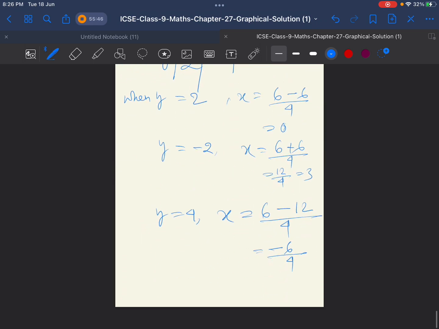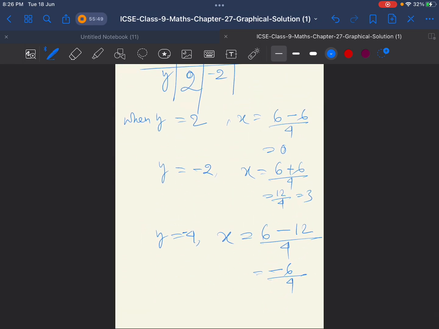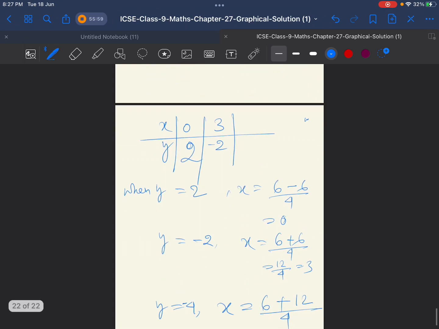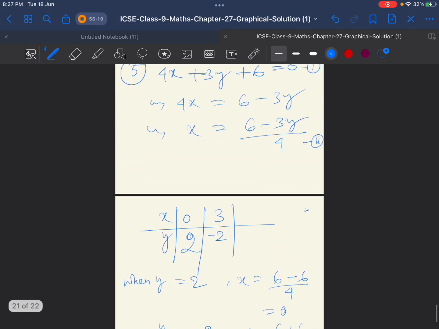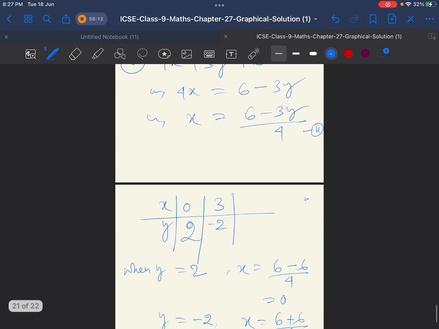This is a fraction value, so we don't take this value. If we take y equals minus 4, then 6 plus 12, 18 by 4, we don't take this value.